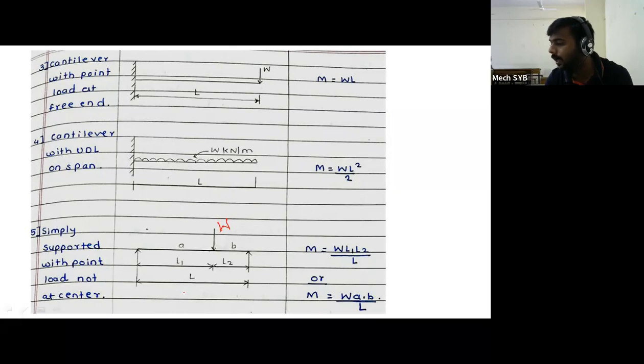Take that value as it is, as a W in the bending moment formula.